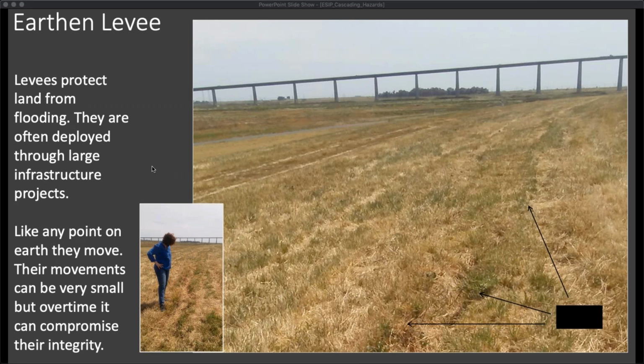So the point of this slide, this picture, is that unless you are on top of the crack, as shown with the arrows, and as Kathleen is, looking right at them, it's really easy to miss them when you're just doing a drive-by survey of the levees, and that's how they tend to be surveyed.